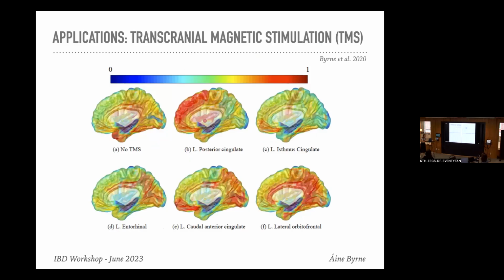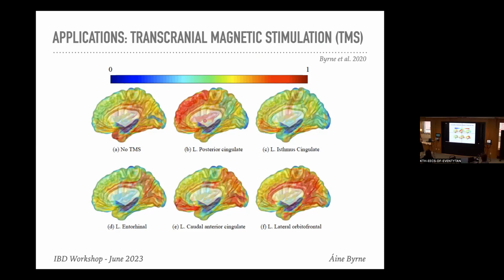I didn't put it in, but there's a nice table in the paper that shows how each of the graph theory measures changes depending on where you stimulate. So kind of the eigencentrality and the number of, I always forget these, the number of nodes that are connected in the functional space.